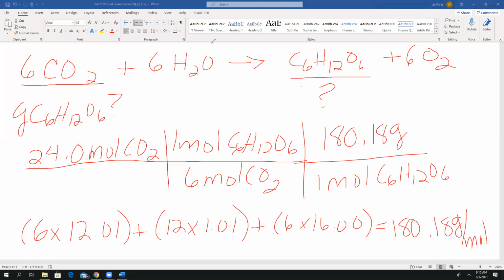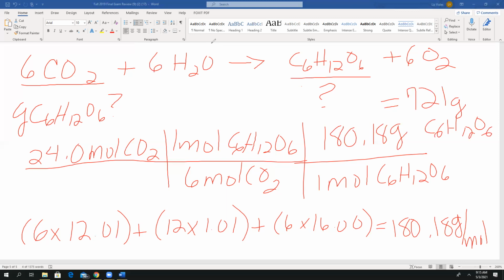And that gives us our answer, which by sig figs is 721 grams of C6H12O6. There you go. That's the one. That 6 is a little off, because I almost made it a 2. There we go. Okay, so there's your answer, 721 grams.